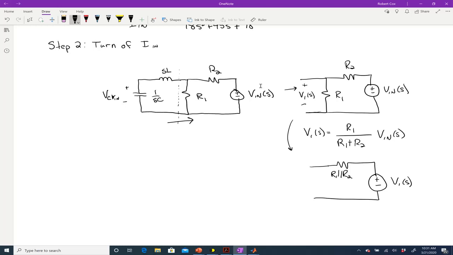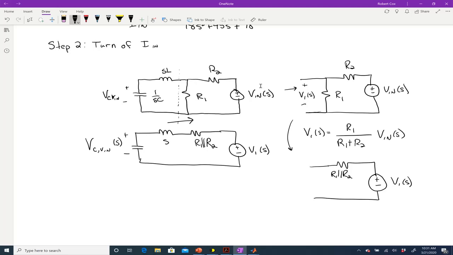So this whole network here becomes V sub C Vin of S, which is across the capacitor. This is R1 in parallel with R2, and then I have V1 of S like that. Okay, this is SL, and this is 1 over SC.